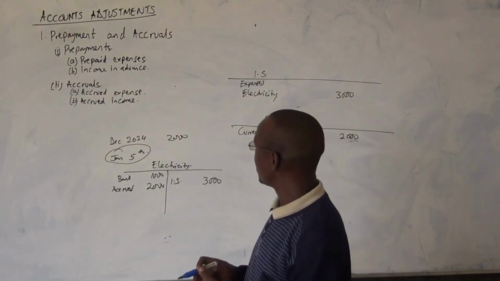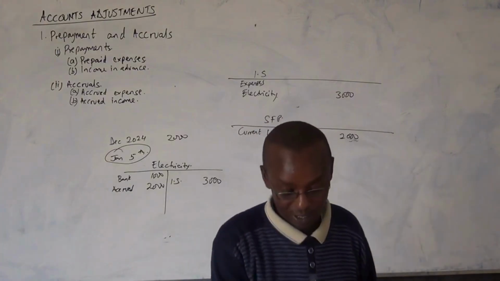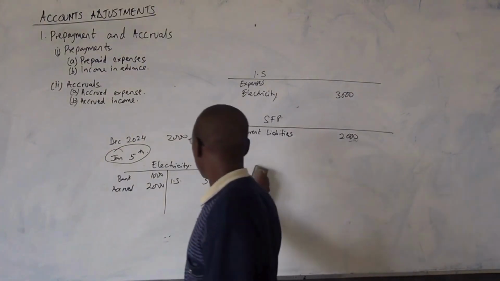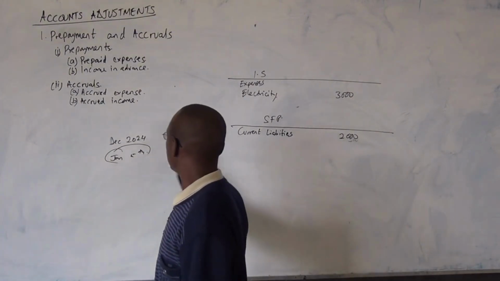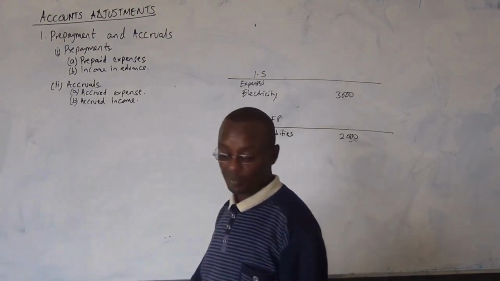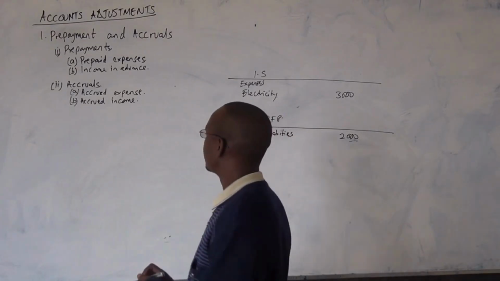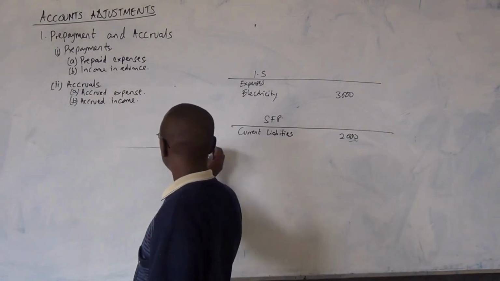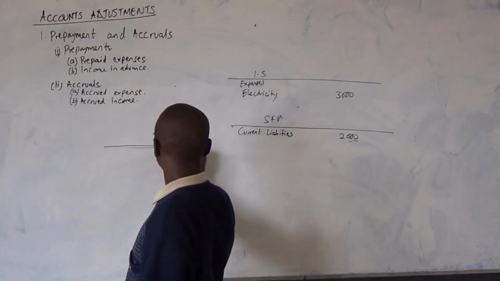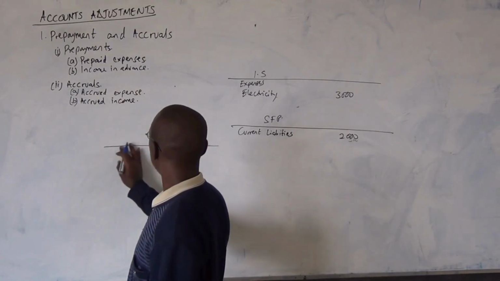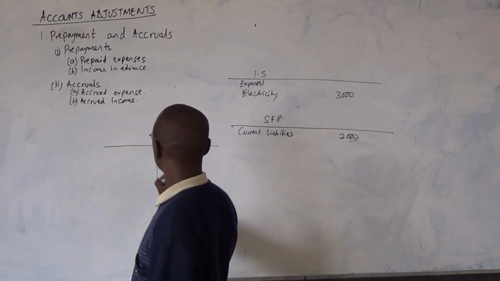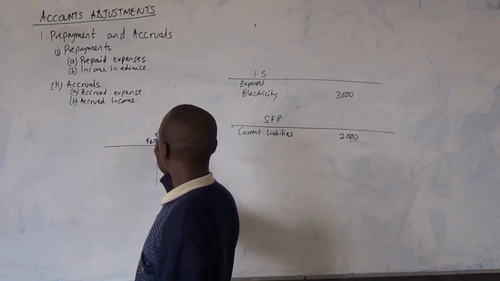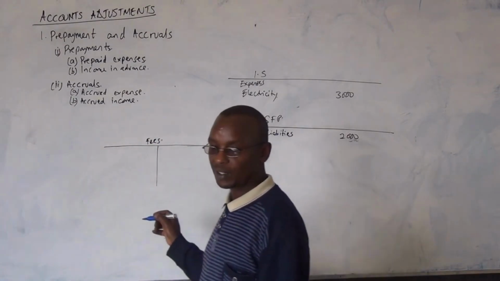So when you have accrued income, we just treat it like this. So for incomes, maybe you are supposed to receive an income like fees or rent or something. Okay?